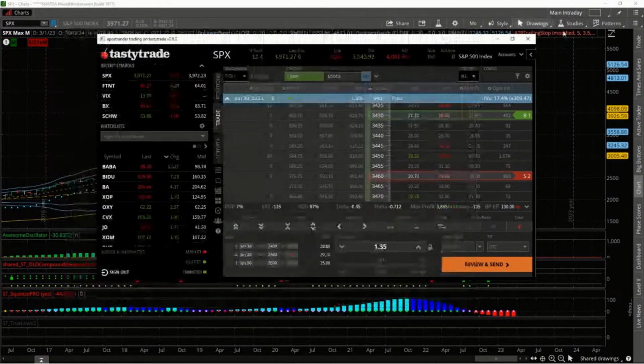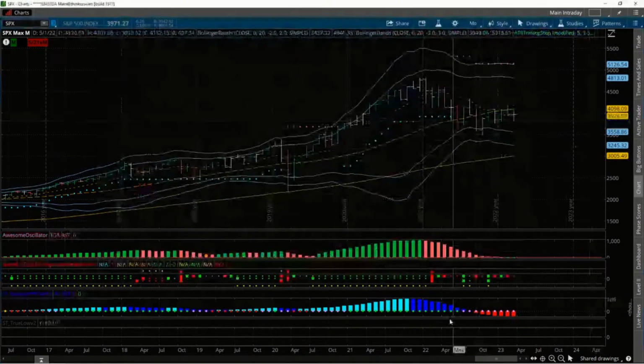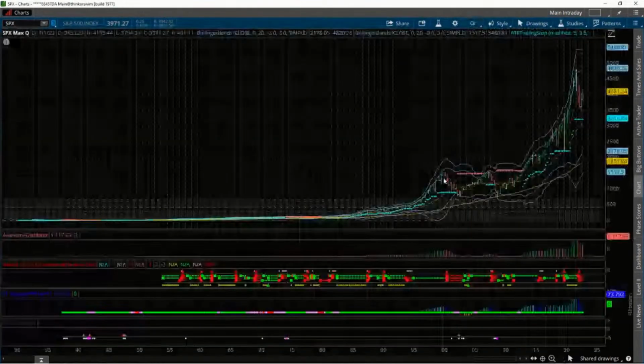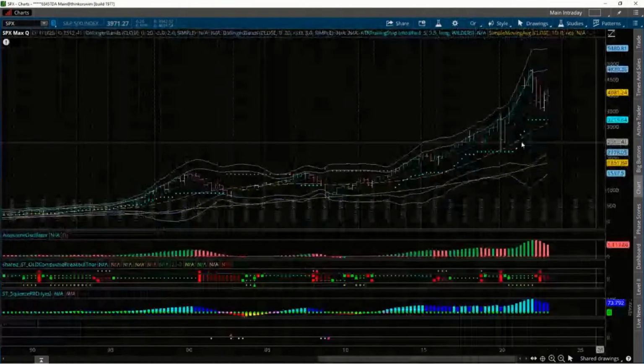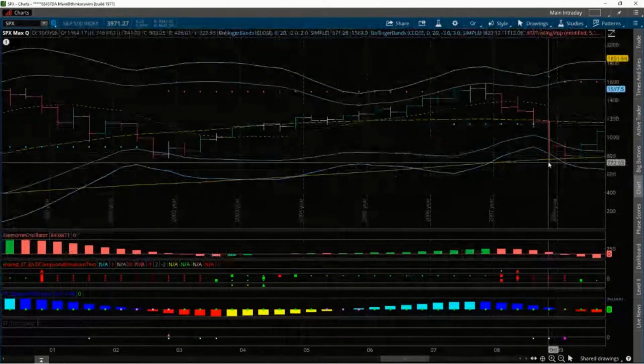But let's look at that profit potential now. The profit potential based off a $1.30 cost basis, max profit potential is $38.70. So if, going into the end of the quarter, we move lower, and then like you've seen for a lot of these quarterly bars, let me go back to the quarterly time frame here. But like you've seen for a lot of these quarterly bars, they don't oftentimes actually end at the low of the quarter.